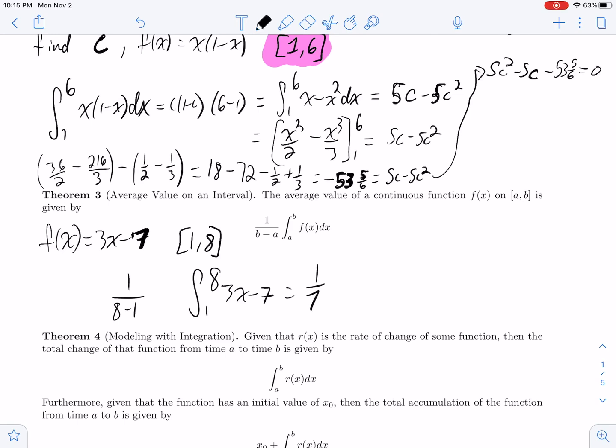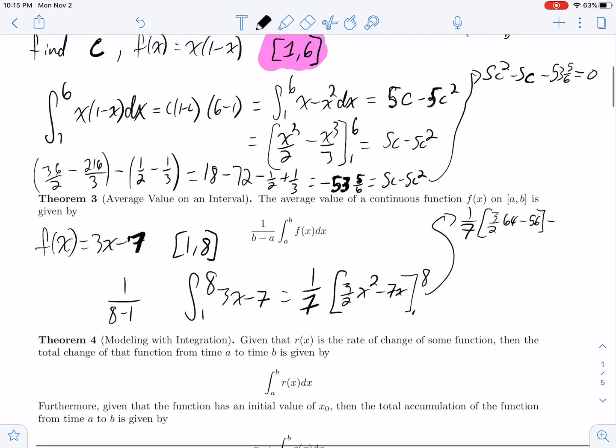Which is 1 over 7 times 3 over 2x squared minus 7x from 1 to 8, which is equal to 1 over 7 times 3 over 2 times 64 minus 56, minus 3 over 2 minus 7.